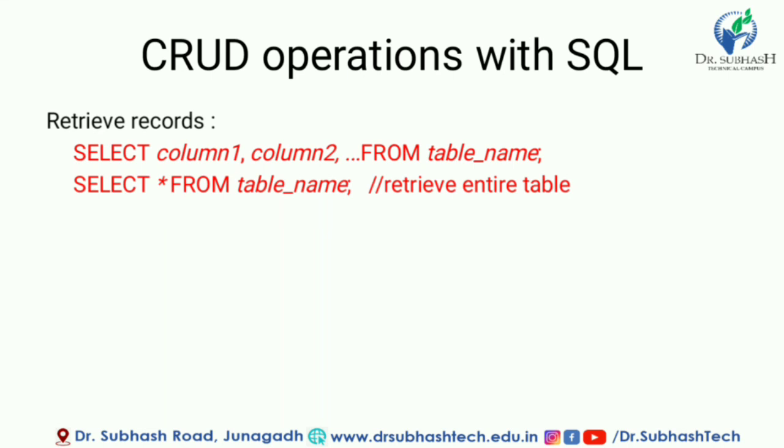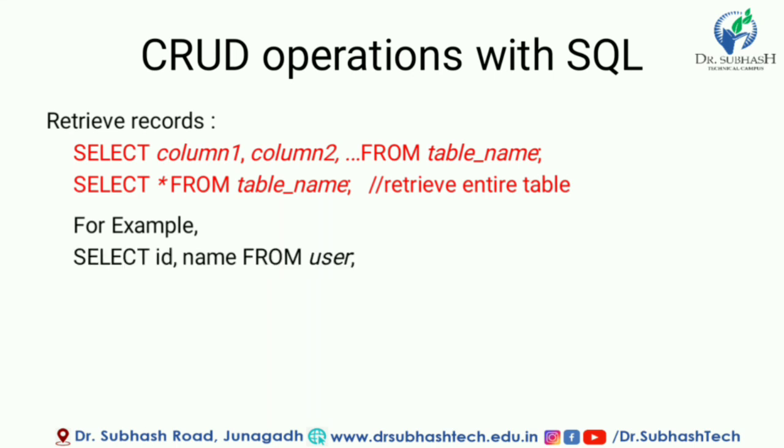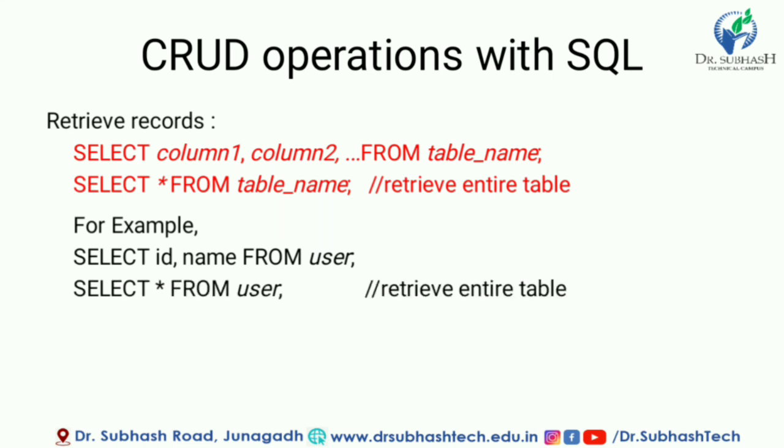This will retrieve the entire table as a result. For example, select id, name from user. This will retrieve two columns only, all the records with the two columns id and name. If you write select star from user, this will retrieve the entire user table. So this is the query for retrieving records from the table.